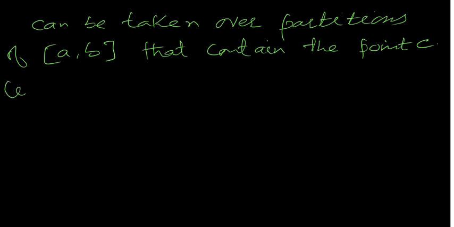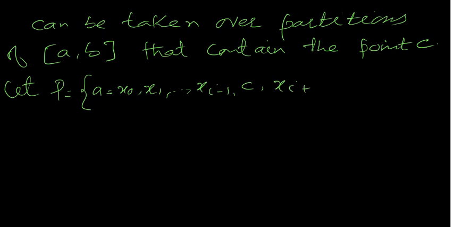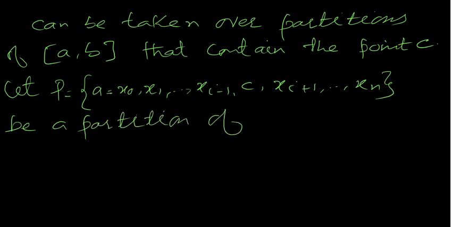Let P be the partition which contains the point C. Suppose it's equal to A equal to x naught, x1, then xi minus 1, then the point C, then xi plus 1, up to xn, a partition of AB.